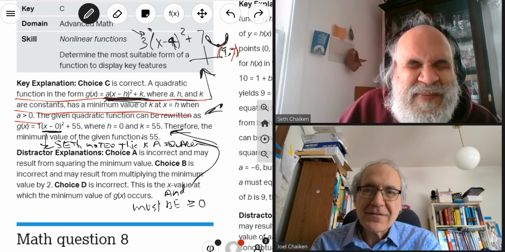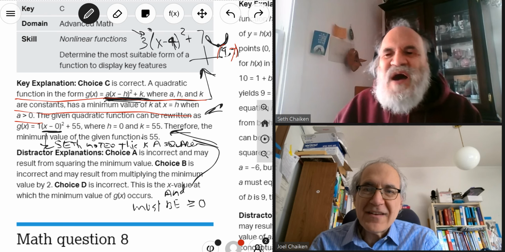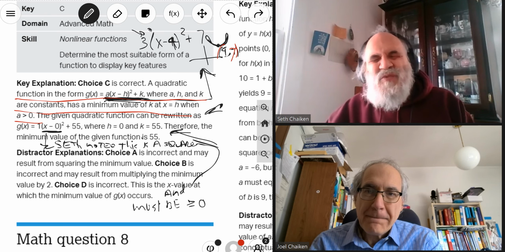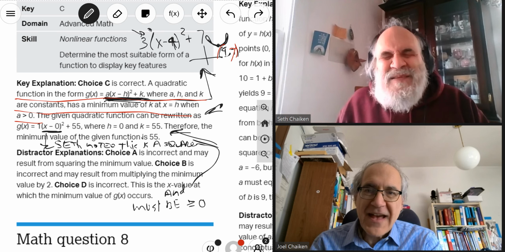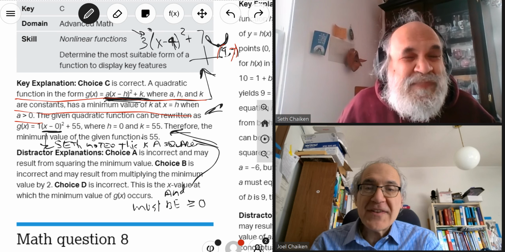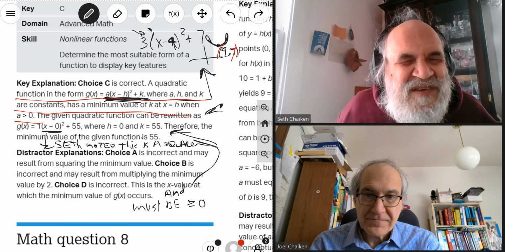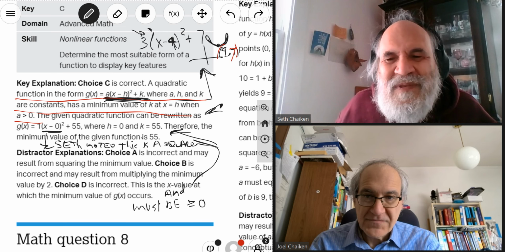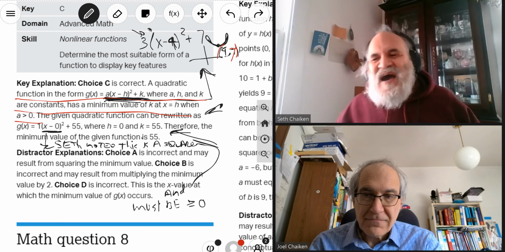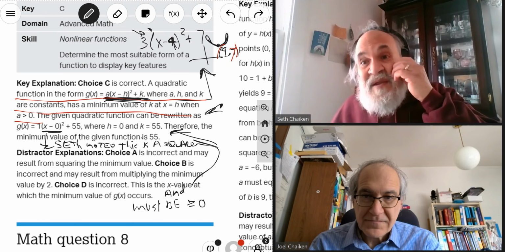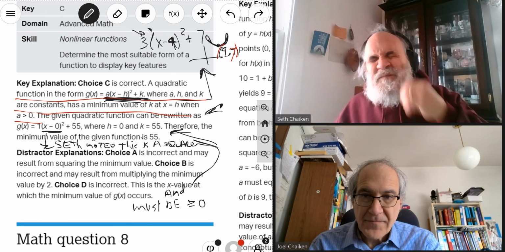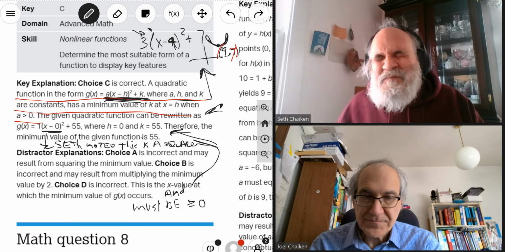Absolutely, they didn't explain why. Why should that be? That is a fault of the explanation. And in fact, it has the minimum value when a is equal to 0, where the value happens to be constant, which is a minimum value. It's also a maximum value.